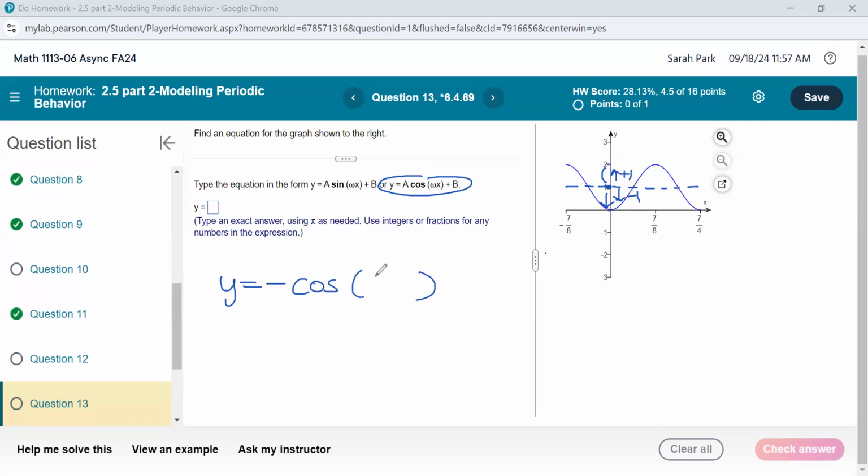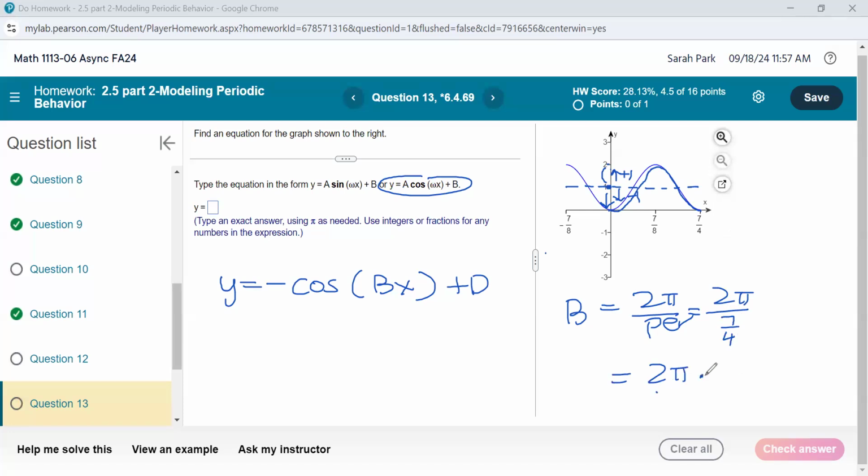I'm going to rewrite this as bx plus d. So b is 2 pi over the period, and the period, you can see, is 7/4. So if you do 2 pi divided by 7/4, you rewrite this as 2 pi times 4/7, which is 8 pi over 7.